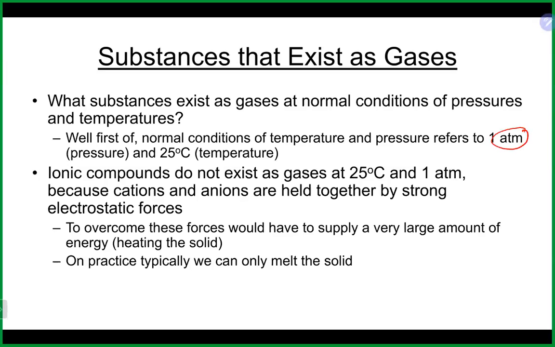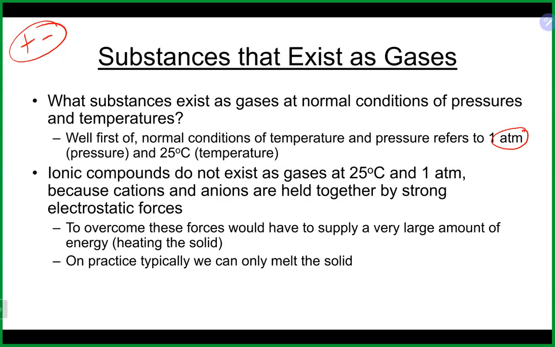So under normal sort of everyday conditions, ionic compounds really don't exist as gases, and that's because ionic compounds are ions, and ions are held together by really strong electrostatic attraction, positive-negative attraction. It's one of the strongest attractions you could have, which means they're just going to stick together. They typically will not go into the gas phase.